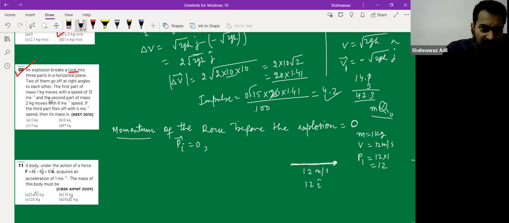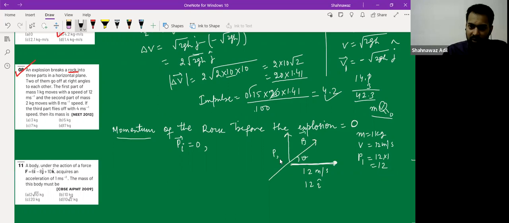And the other one of mass 2 kg moves with 8 meter per second speed. If the third part flies off with 4 meter per second speed, then find its mass. Two of them go off at right angles to each other. This one and this one go at right angles, and the third one goes at some angle.